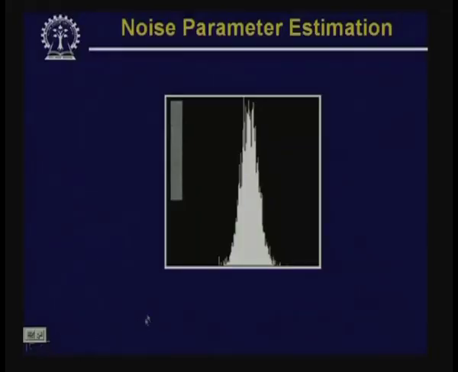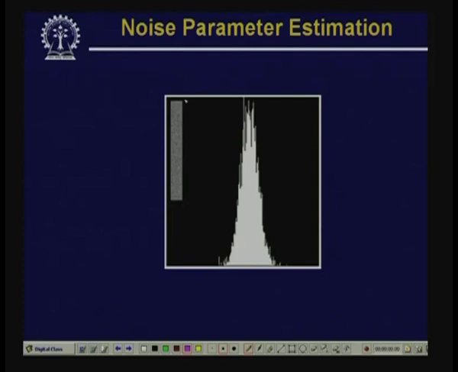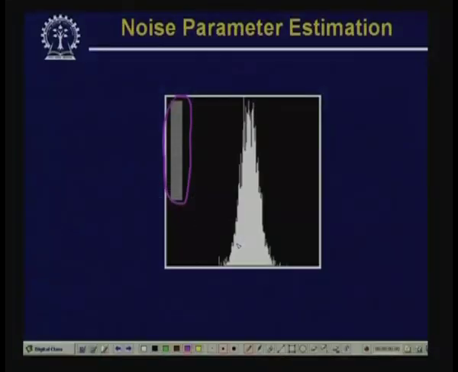So, as has been shown here in this diagram, this bar that has been shown is taken from one such noisy image, and this is the histogram of this particular region. And this histogram tells you what is the PDF of the noise which is contaminated with this image.